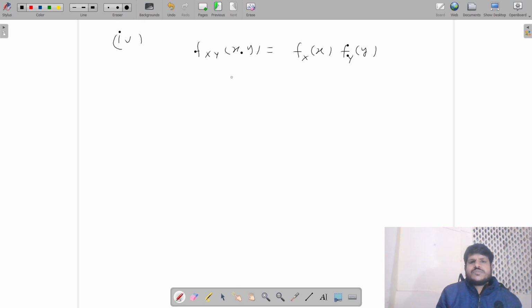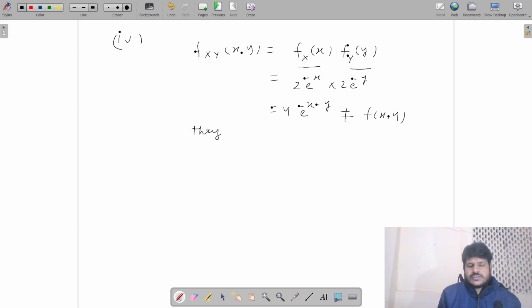So now the value of this is 2 times e raised to power minus x and 2 times e raised to power minus y. So this becomes 4 e raised to power minus x minus y. So this does not equal f of x comma y. So they are not independent.